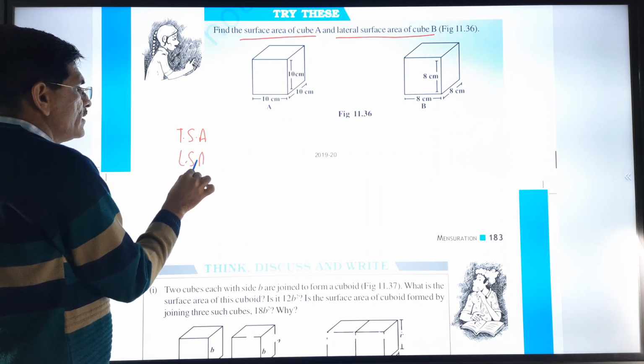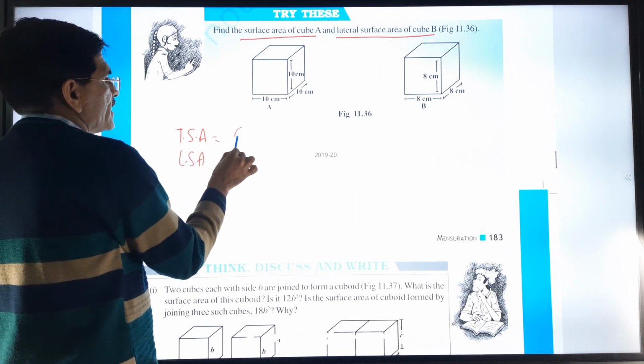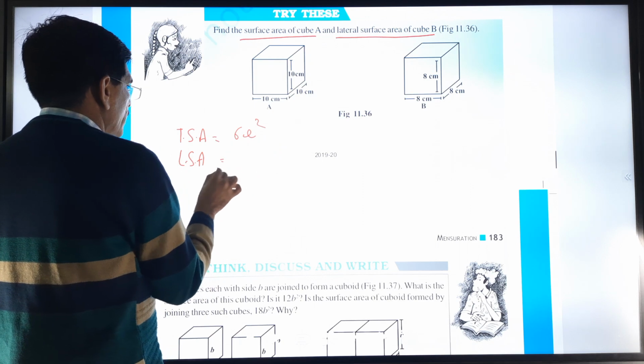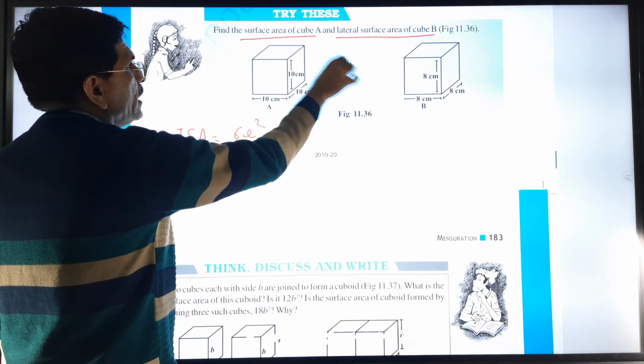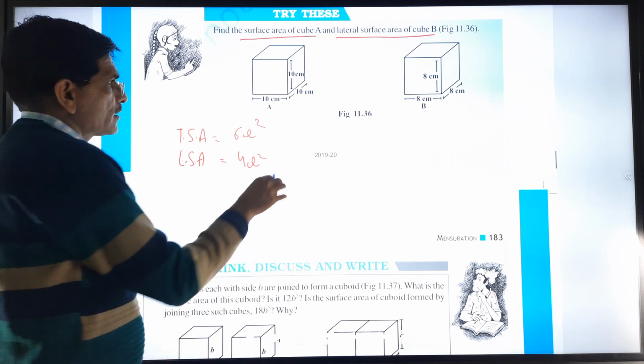It is very easy. TSA of cube is 6L square. Lateral surface area of cube is 4L square. Put the values everywhere and you can get the answer easily.